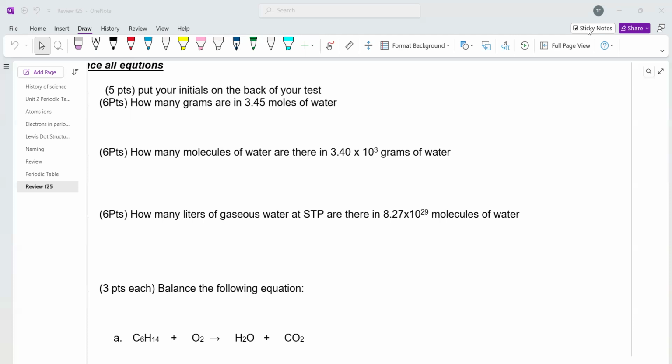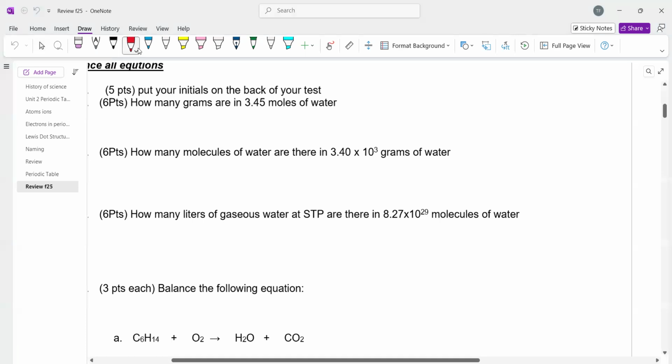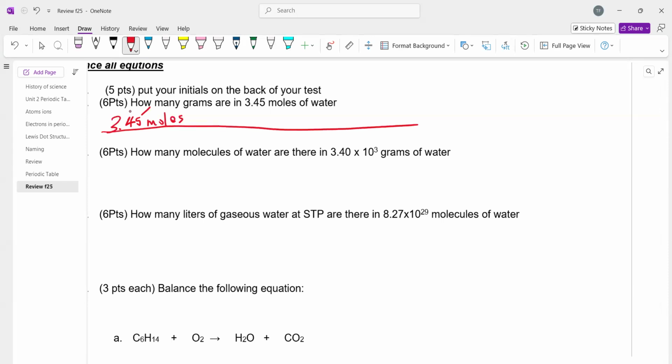Okay, so we've got 3.45 moles of water, and we need to go to grams. So using the molar mass, which is grams per mole, we can get that.